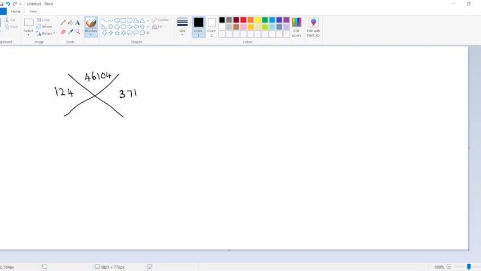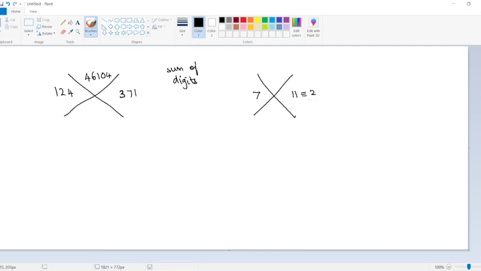The method that this guy tells in his book is that we will take the sum of digits of everything. So I will take the sum of digits of 124. That will be 7. The sum of digits of 371 is going to be 11, which is again equivalent to 2.